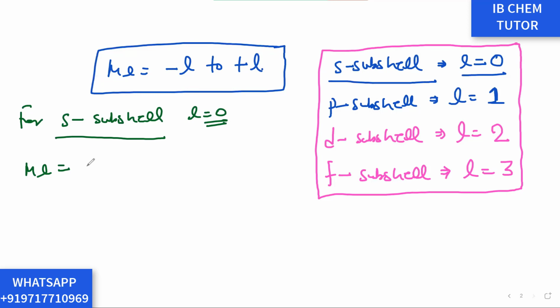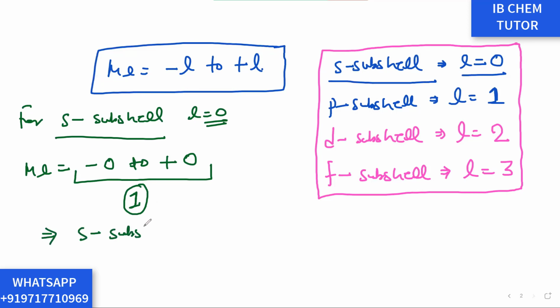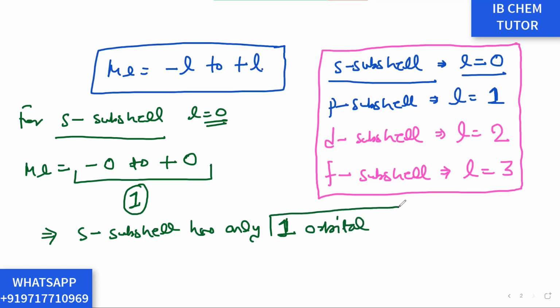So you will simply write minus 0 to plus 0. It simply means it is 1. So the inference here is that the S subshell has only one orbital, right?